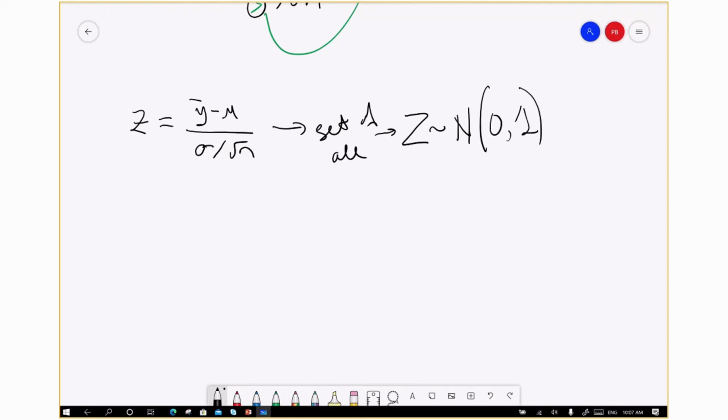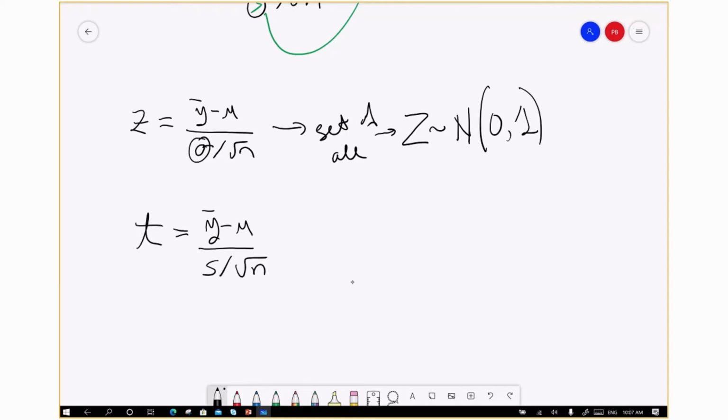That's our normal distribution. So to solve problems in which we don't know what sigma is, but we estimate sigma with s, we're going to calculate a different statistic. That different statistic is going to be the lowercase t statistic, and it's going to be y bar minus mu over s divided by the square root of n.